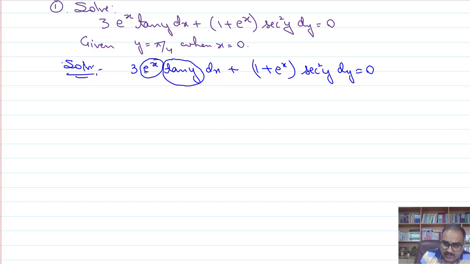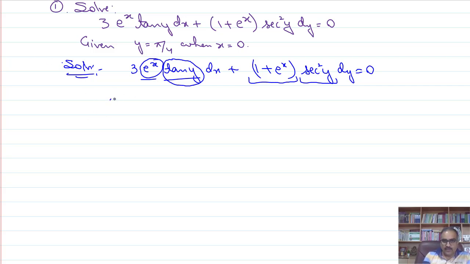That means there should be no terms that involve e raised to power x into y, no term that contains xy. So here e raised to power x is separate, tan y is separate. Here this part is separate, dependent on the single variable x. This term is dependent on the single variable y.